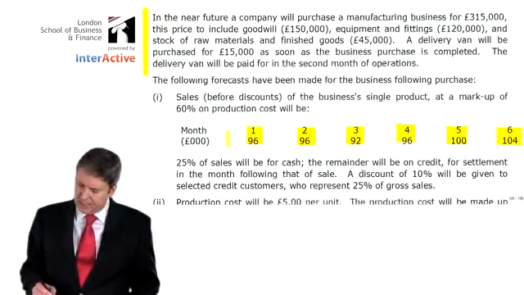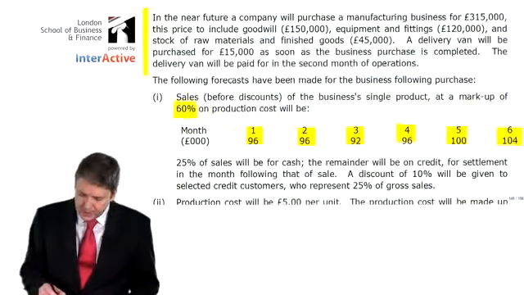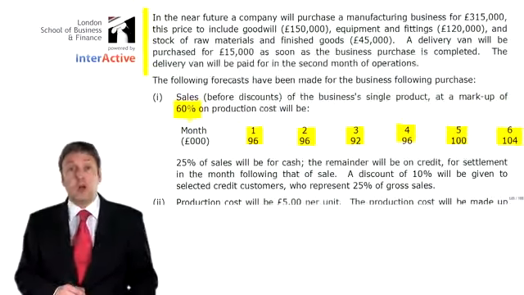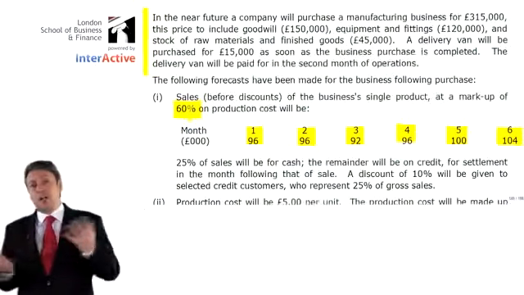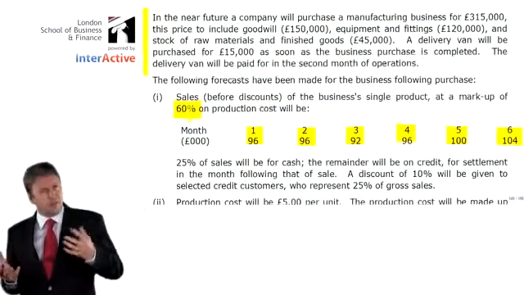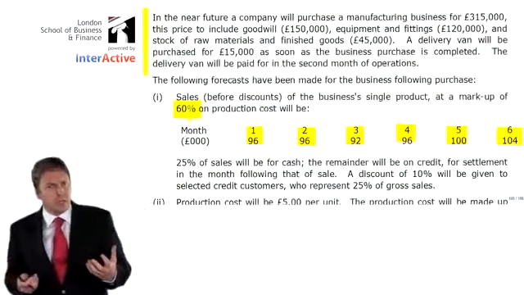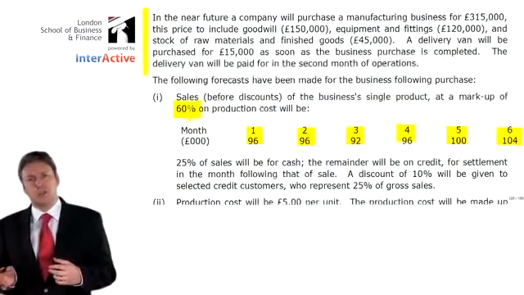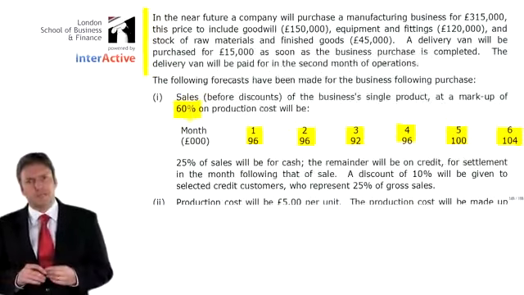Sales before discounts of a business's single product at a markup of 60% on production cost will be. Well, okay, I don't know what that markup is about. I think we'll find out pretty soon. Presumably, it will give us a relationship between the selling price and the production cost. But we'll talk about that later.